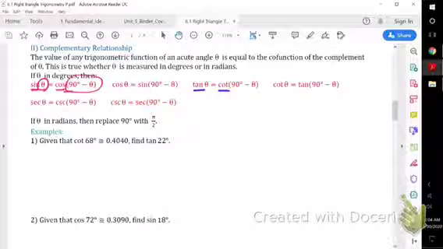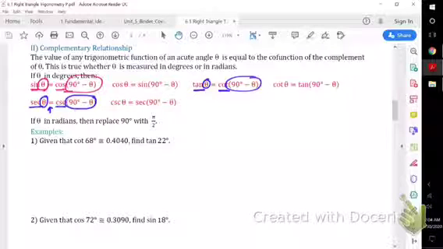Again, tangent and cotangent are cofunctions, and if you take their angles here and add them together, they'll give you 90 degrees. Same thing with cotangent and tangent there. And then we have secant and cosecant. Notice secant of theta is equal to cosecant of 90 minus theta. Again, secant and cosecant are cofunctions, and as long as their angles add to be 90, then the functions are going to be equal to each other.